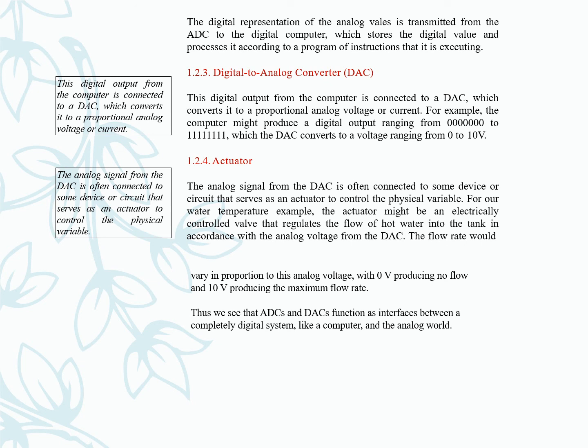The flow rate would vary in proportion to this analog voltage, with 0 volt producing no flow and 10 volt producing the maximum flow rate. Thus, we see that ADC and DAC function as interfaces between a completely digital system like a computer and the analog world.